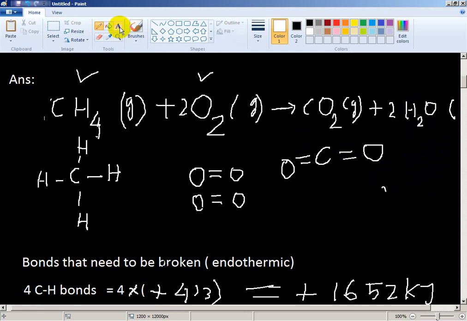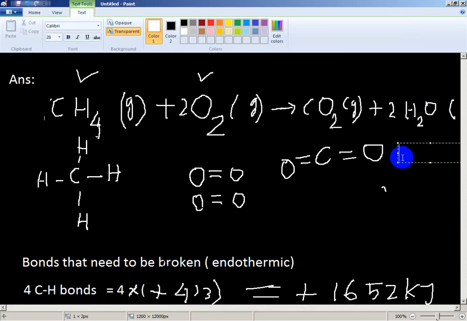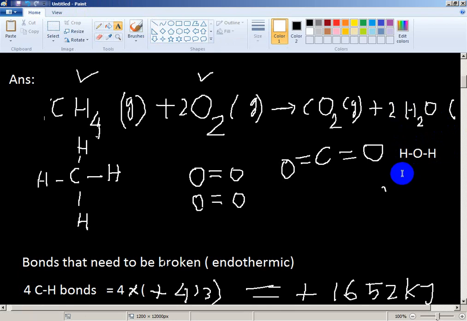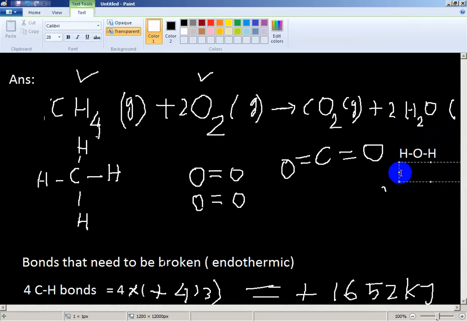Okay, I write this water molecule using this one. This one water molecule: hydrogen, oxygen, hydrogen. Okay, this is 1 water molecule, but here is 2 water molecules. I am writing another water molecule.